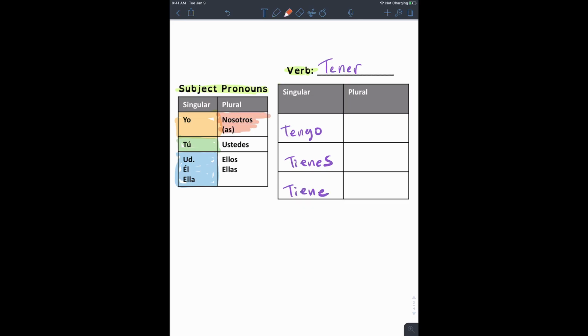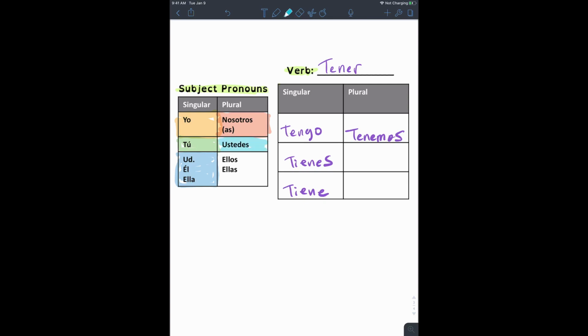In the nosotros and nosotras form, tener changes to tenemos. Now notice that tenemos doesn't include this i that the other forms have. It's a little bit different than the rest.